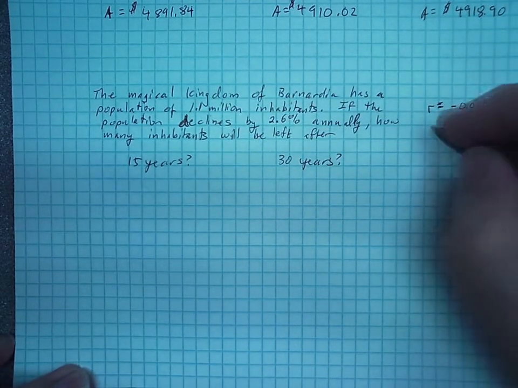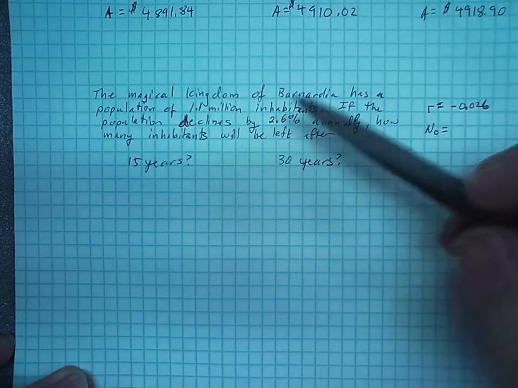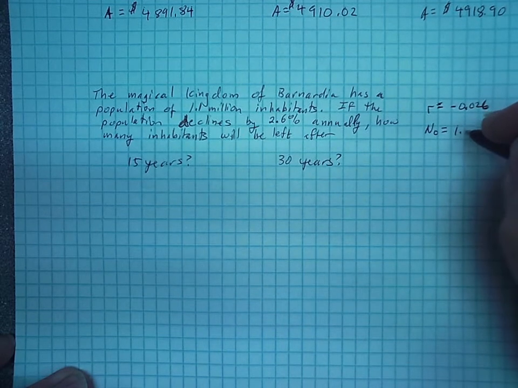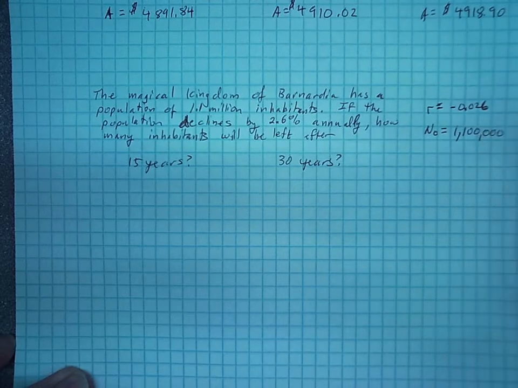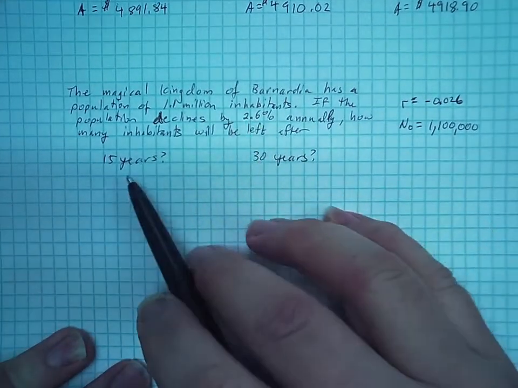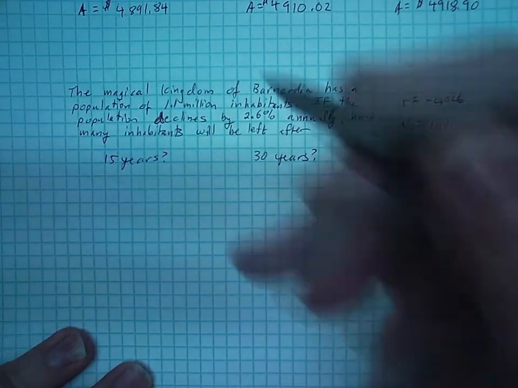The original amount I also know, so that's going to be n naught or n sub 0, and it's 1.1 million. I'll write it out. Million. Okay. 1.1 million. And the specific question I'm answering is going to tell me what t is supposed to be.